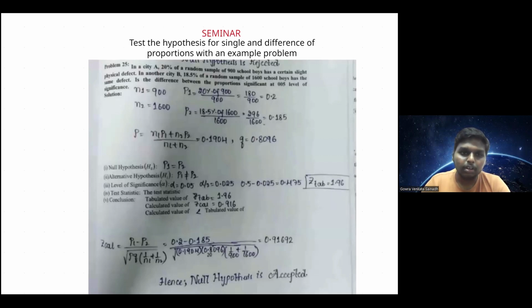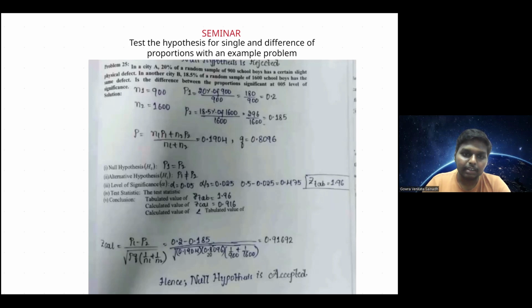So here we got two city samples, N1 is 900 and N2 is 1600. Here the proportion is 20% of the sample, so P1 is 0.2, and P2 we have 18.5%, so 0.185.